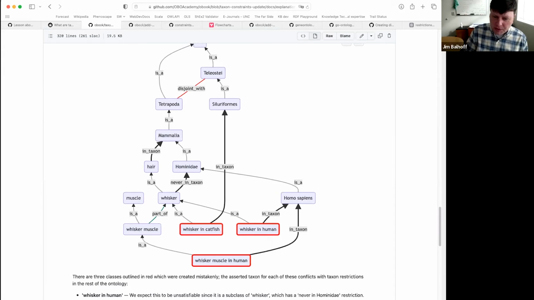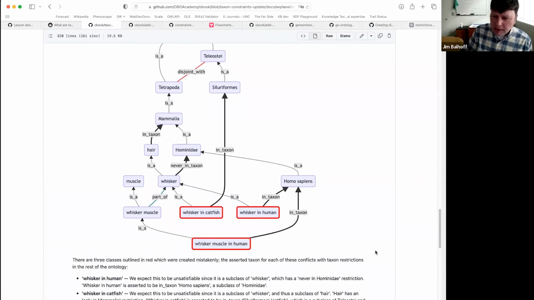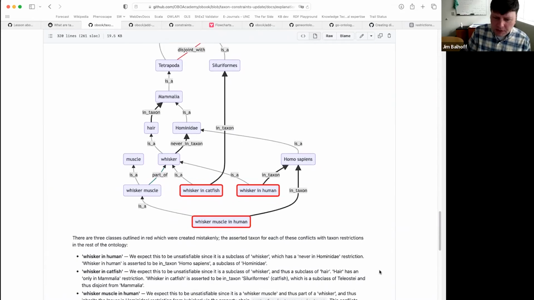Then whisker muscle in human should be unsatisfiable because it's part of a whisker, and so it inherits this never in hominids, but we're saying that it's in humans. That's a never in over a property chain, which is the most complicated reasoning we have to do here.